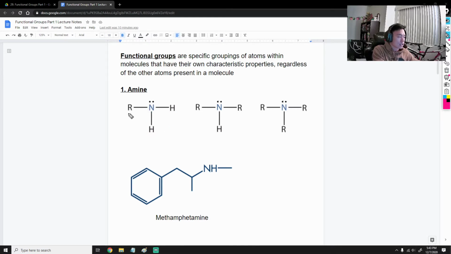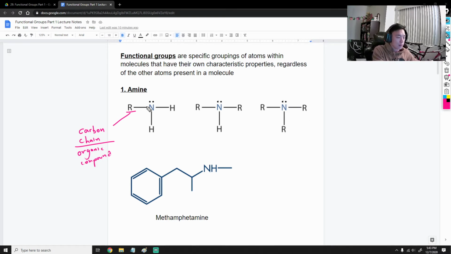But when you see the letter R, make sure you guys write this down somewhere so you don't forget. The letter R basically just represents a carbon chain, or it's part of an organic compound. Okay? So what does that mean? For example, the letter R can basically be any number of carbons combined together.